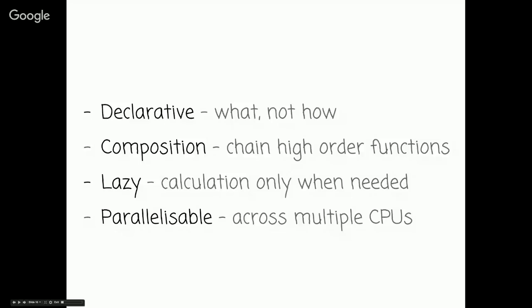The idea is that it's declarative, so you focus on what you want to do, not how you want to do it. You don't have to spend all your time creating for loops or creating variables to store things during your calculation. And it allows composition. So you can compose and chain all of these functions together to manipulate data.